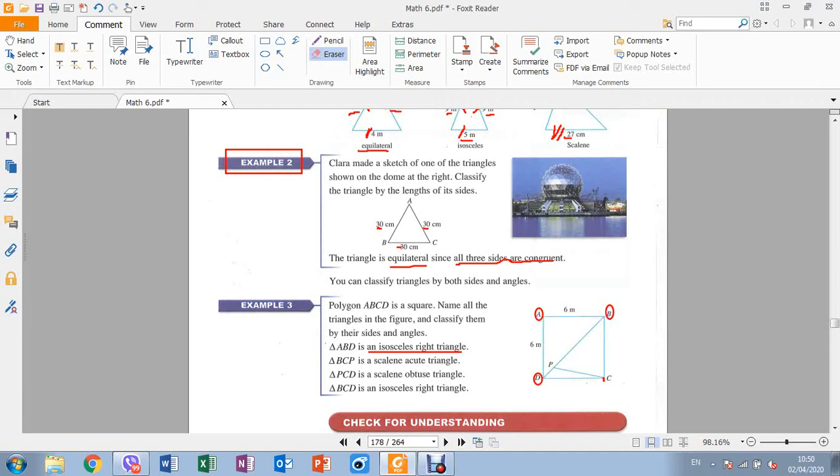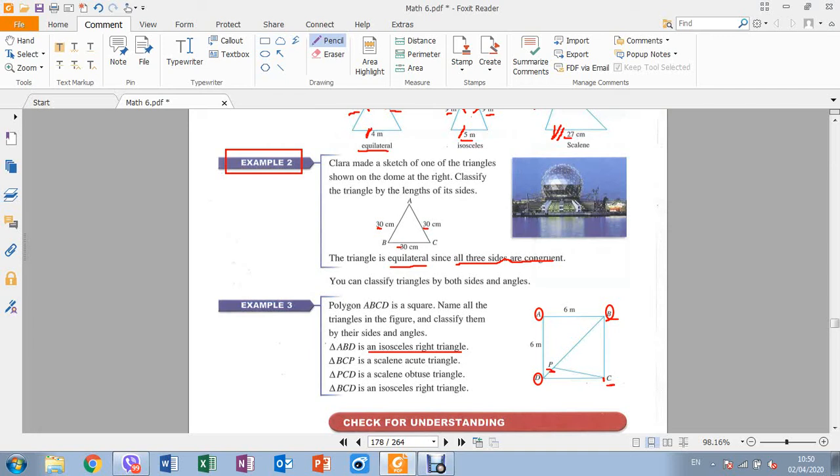Now we talk about another triangle, triangle BCP. Look at this example.